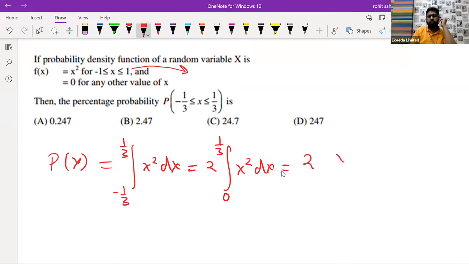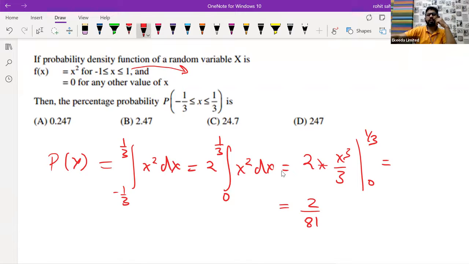So 2 times x cubed by 3 with the limit 0 to 1/3. If you put in 0 you get 0, and putting in 1/3 gives 1/27. So that should be 2/81.